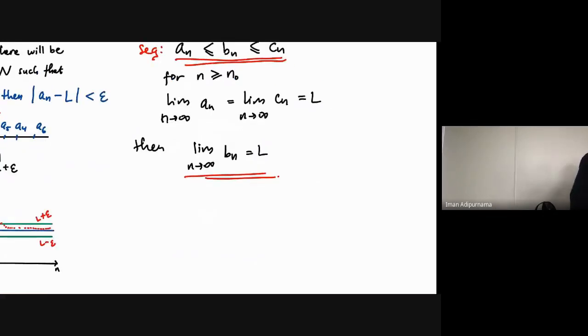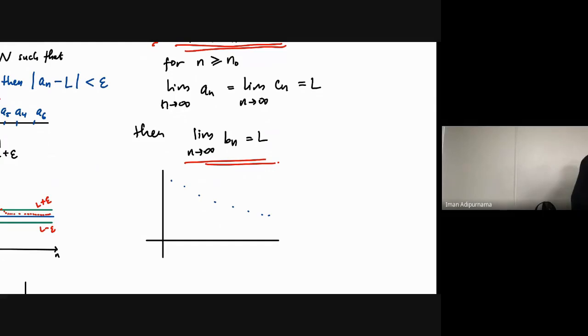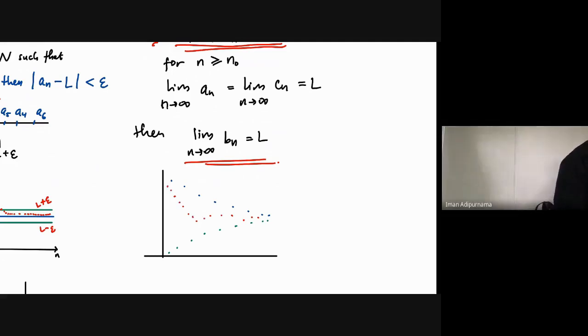For example, if you want to visualize what is happening, okay, for example, like that, the plot.